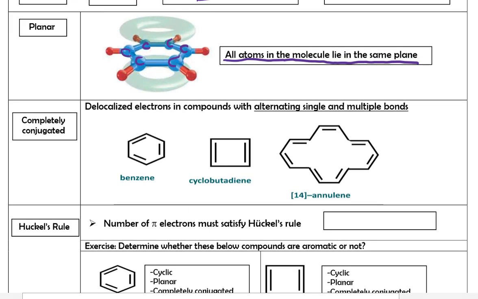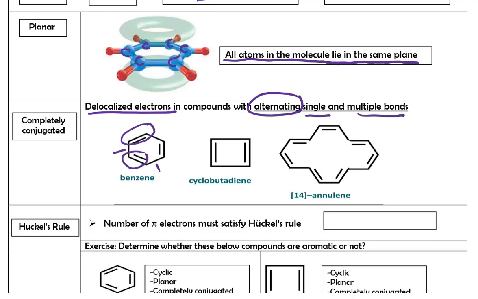Completely conjugated means delocalized electrons in a compound with alternating single and multiple bonds. It must be alternating single and double: double, single, double, single, double, single. The same goes for this one, so it is completely conjugated.